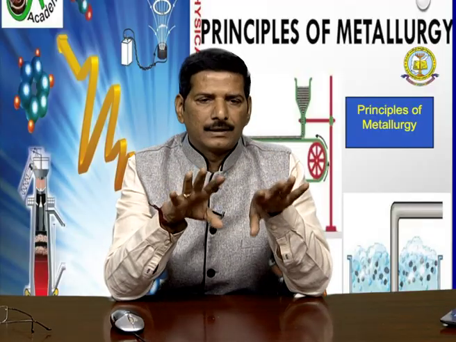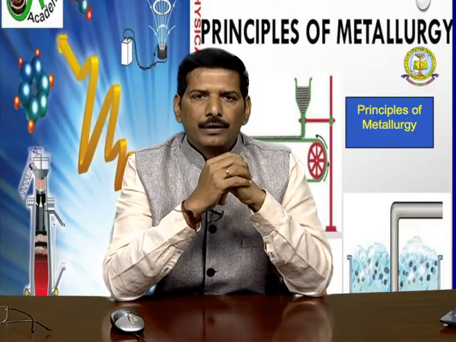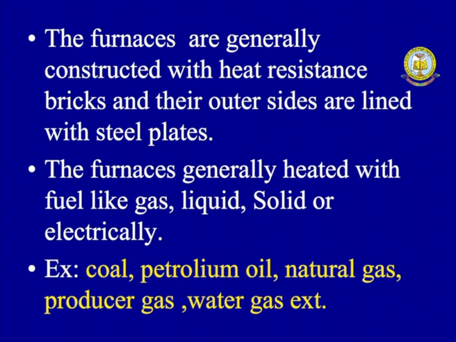So, four methods we use as fuel in the furnaces. For example, coal, petroleum oil, natural gas, producer gas (CO plus H2, CO plus N2) and water gas, etc. These are all different fuels we use in the furnaces.